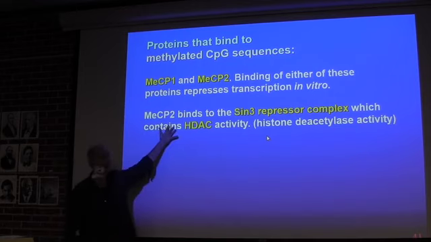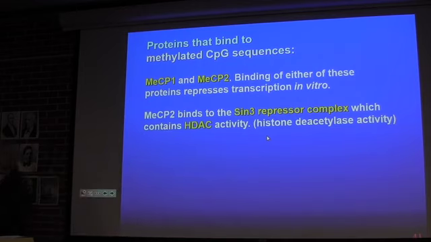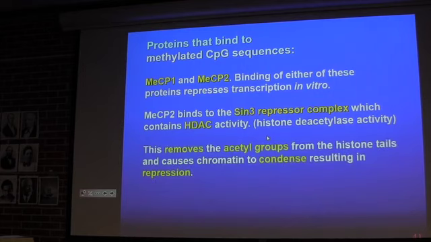And this would be a co-repressor. SYN3 would be the co-repressor component. Of course, that's what HDAC does. It removes acetyl groups, and through a series of as yet not fully understood steps, condenses the chromatin and represses.